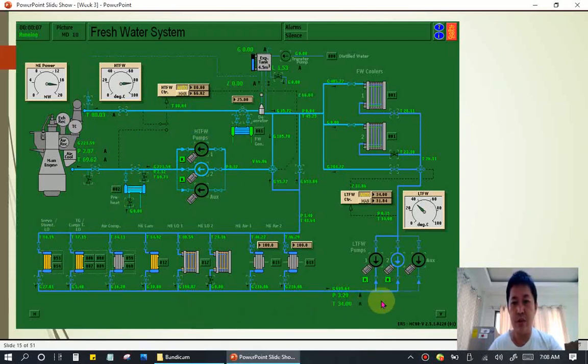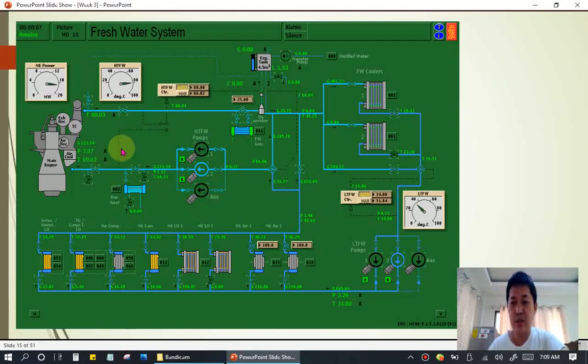As you can see here, there is a high temperature press water controller. Here on this controller, there is a wire, and this is connected to the pipe. So here in the pipe, there is a sensor which is called our thermocouple.